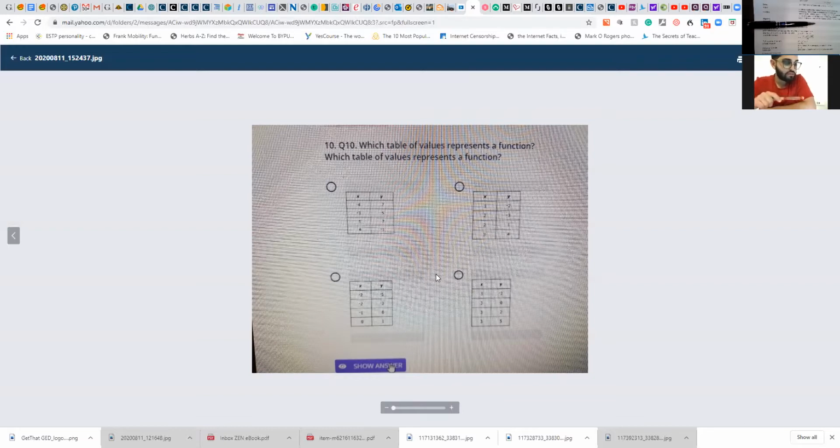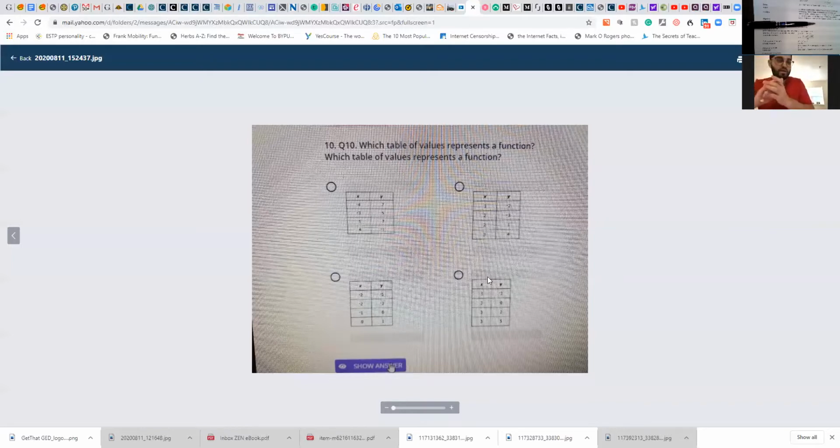In all of these tables, the X repeats itself, except for one. The very first one, minus 4 and plus 4. So the first one represents a function, because in the rest of them, X copies itself.